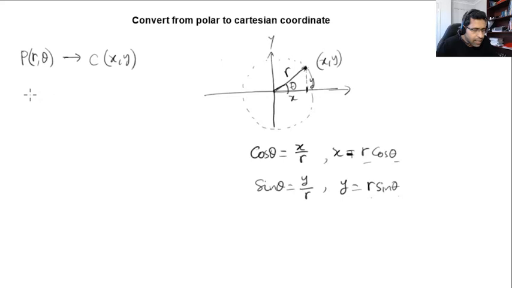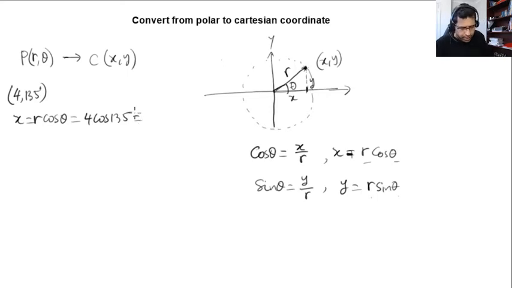Let's say we have an example where r, the radius, is 4 and the angle is 135 degrees, and the question asks us to convert to Cartesian coordinates. Again, x will be r cos theta, and we plug in the values: r is 4, cos of 135, and if you do it on a calculator, you get minus 2.8.